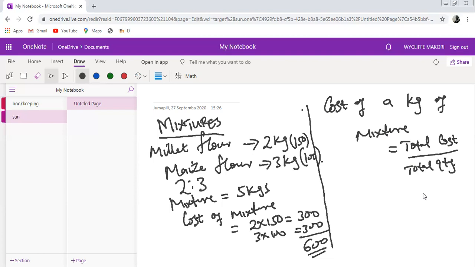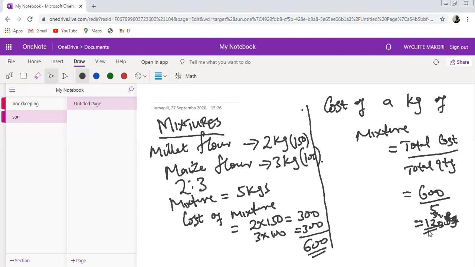In this case, the total cost is 600 from what we have here, and the total kg of the mixture is 5. So if you divide this, you are going to find that 1 kg of the mixture is 120 shillings. This is 120 shillings, not kg.